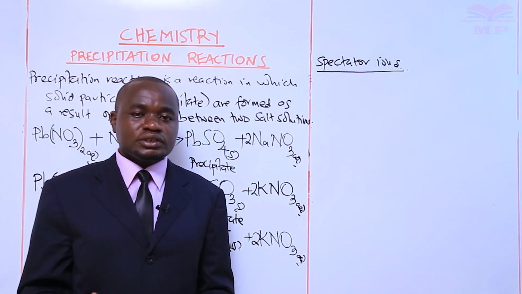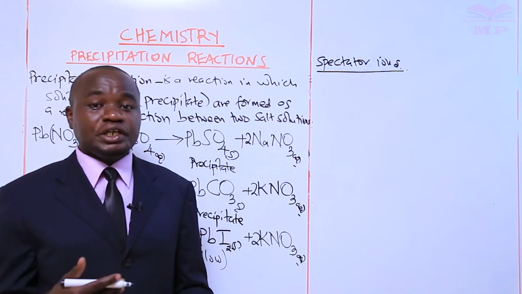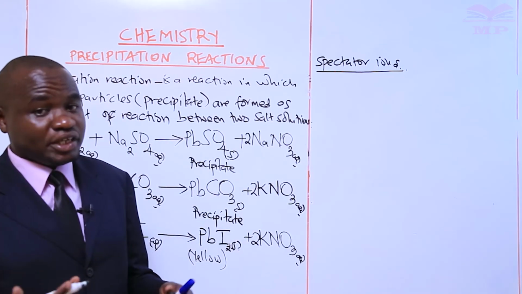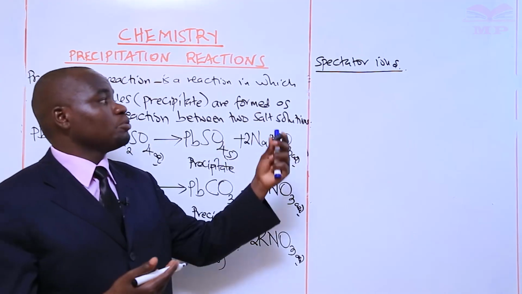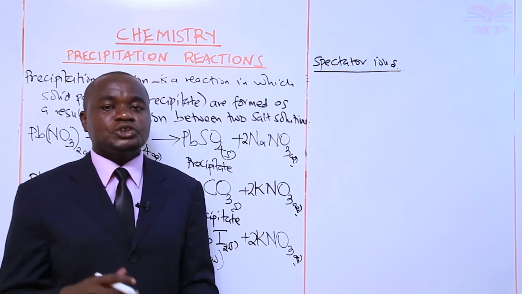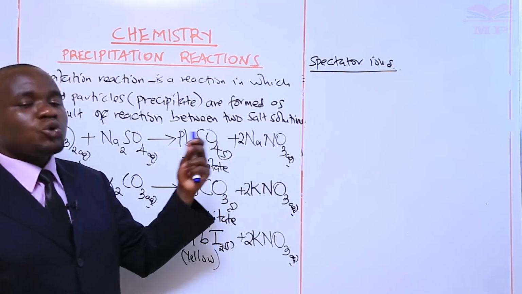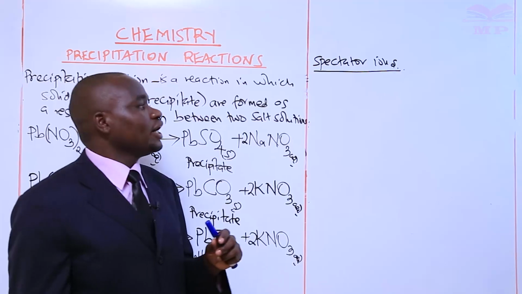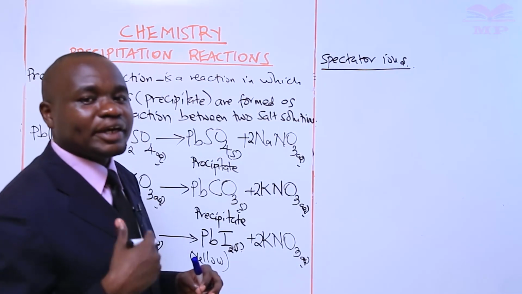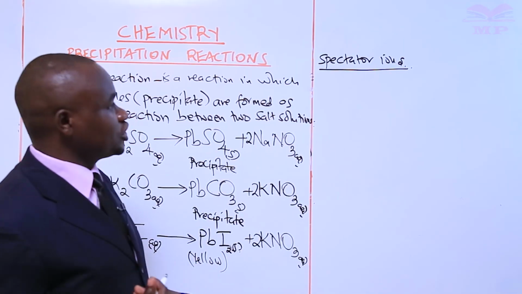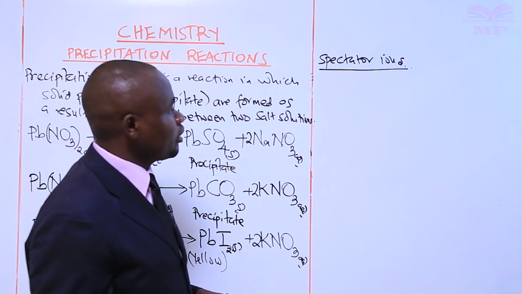And in the process, we have some ions which remain unchanged during the reaction. So such type of ions, we call them spectator ions. So how do we define them? These are ions which remain chemically unchanged during a chemical reaction.